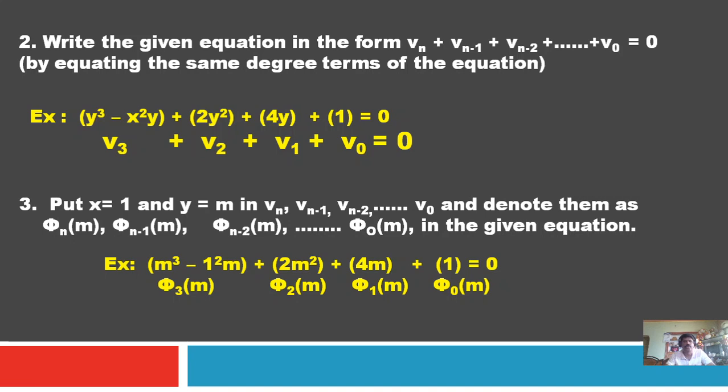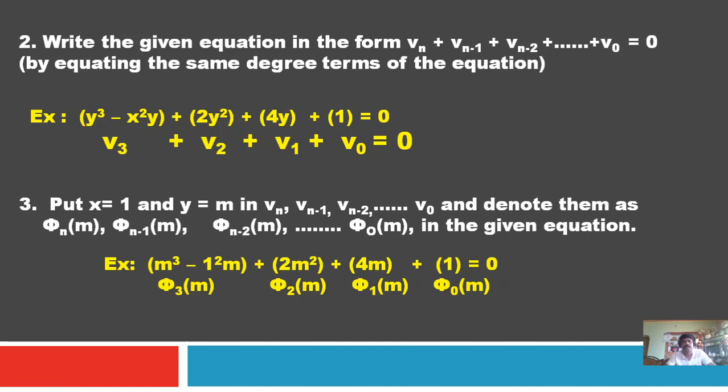Put x equals 1 and y equals m. The first term y cube becomes m cube. X square y becomes 1 square m, plus 2y square is nothing but 2m square, plus 4m plus 1 equals 0. Here V3 is represented as phi 3 of m, V2 as phi 2 of m, V1 as phi 1 of m, and the last term V0 as phi 0 of m.